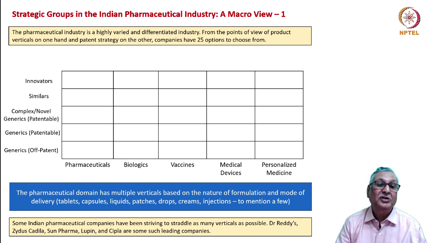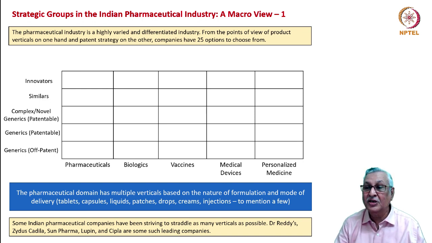But in terms of our intellectual property strategy, we could follow generics which are completely off patent. We can follow the route of generics which are patentable because you have put in some intellectual property in that. We can have complex novel generics which are patentable, which are biosimilars and which are completely innovator products. Now we have 25 types of combinations that are available.